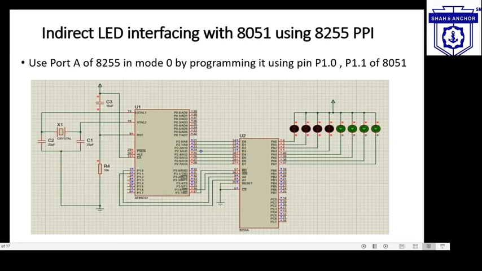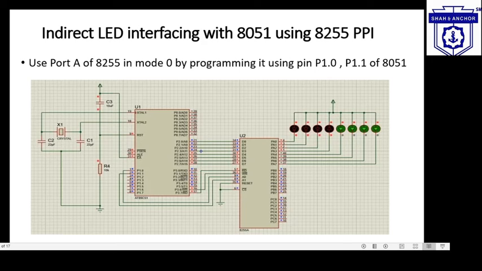So from the diagram we can see that 8051 port 2 pins are connected to data pins of 8255. Then read write pins of 8255 are connected to the read write pins of 8051, which are nothing but the port 3 pins also.